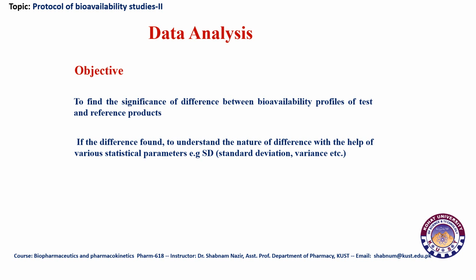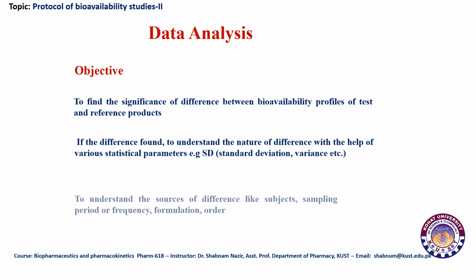For example, if the standard deviation value which is associated with the mean value of your results is high, it is showing that there is a great deviation between the values of your data points or the data set, and the values are highly deviant from each other. So standard deviation in this way is showing there is a problem with the data set.